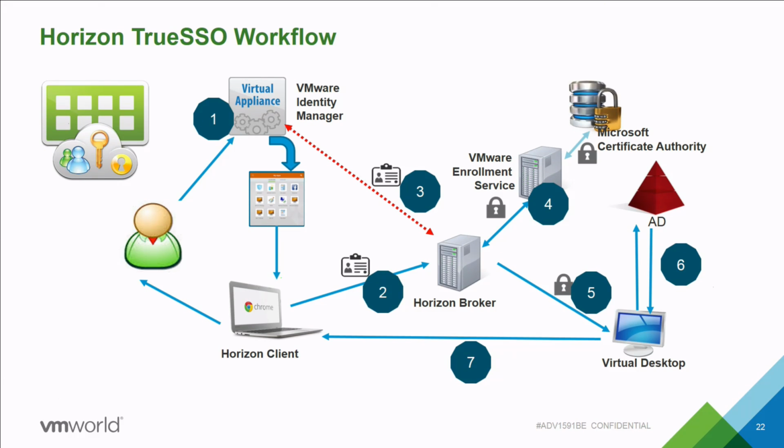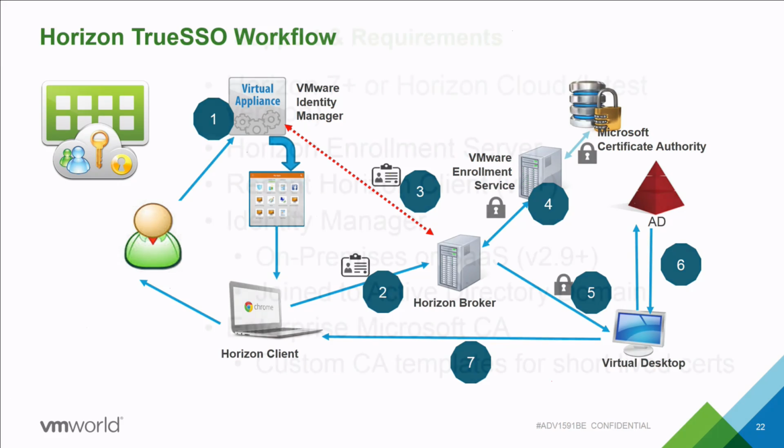Then the Horizon client will go to the broker. The broker will then check the SAML assertion with Identity Manager, then goes to the enrollment service, right? The enrollment service, yes. Which creates a certificate. Yes. And then we can present the certificate to the virtual desktop, and we're done. Oh, nice. Absolutely. So, sounds easy, no? It sounds quite easy.